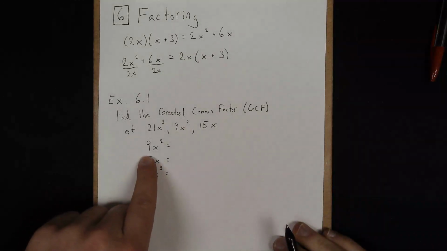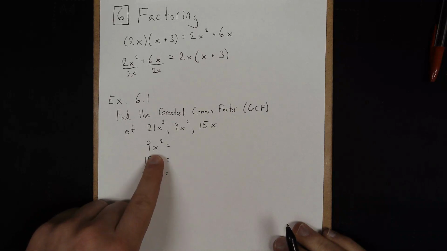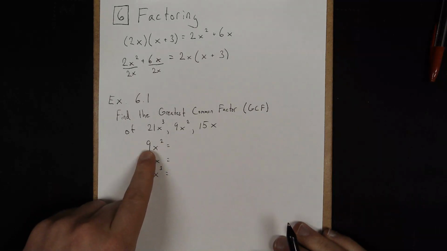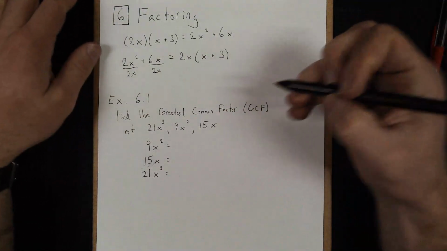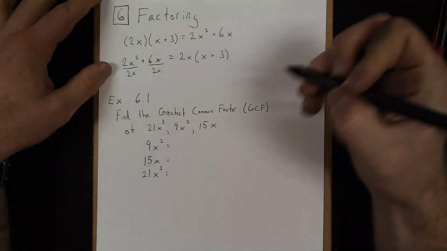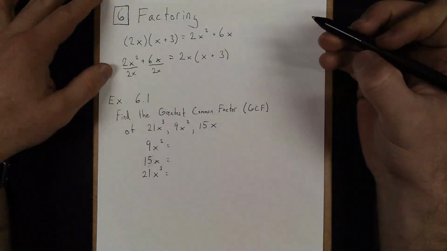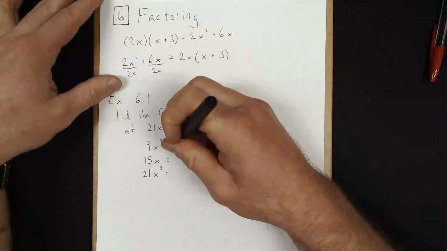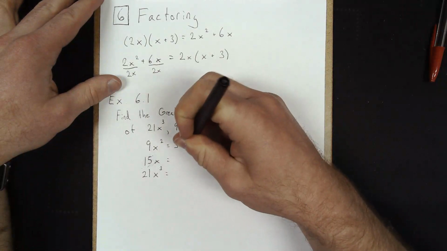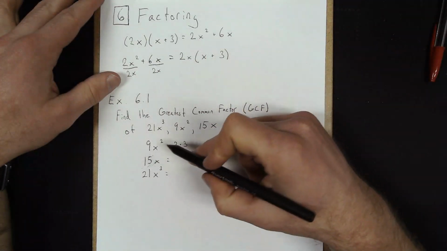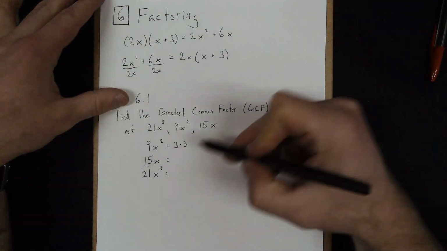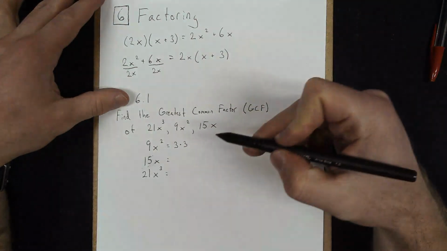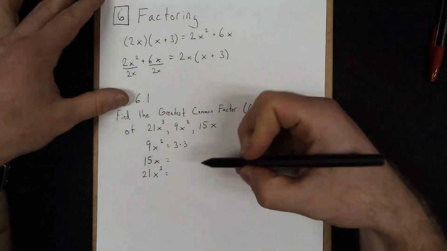Now we're breaking these numbers down into their prime factorization. 9 breaks down into 3 times 3. We'll forget about the x's for now. 15 divides into 3 times 5.